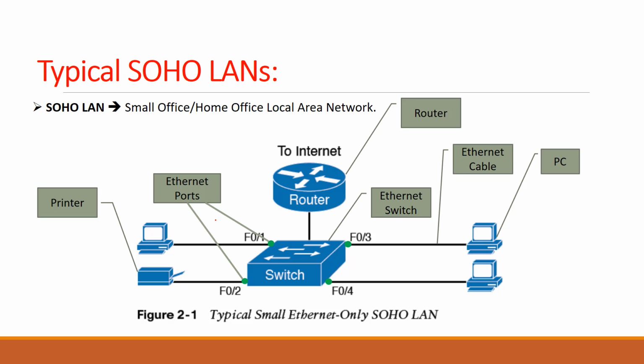So simply to make a small office, home office local area network, you just need a simple switch and connect hosts or nodes to this switch through Ethernet cables.